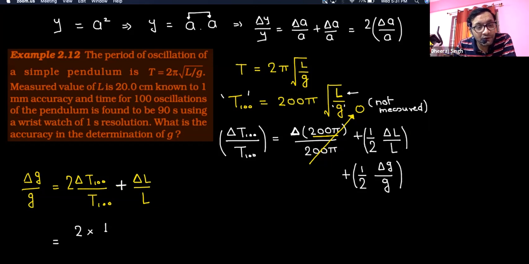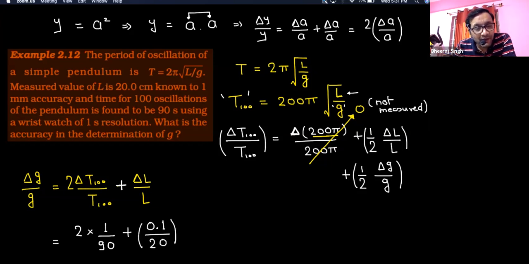Fine. So delta G by G is 2 times delta T100, which is the 1 second resolution, over the measured time of 90, plus delta L, which is 1 mm or 0.1 centimeter, divided by 20 centimeter.